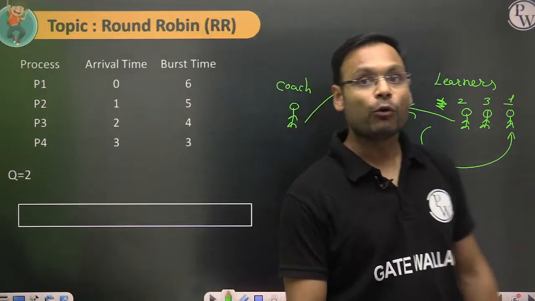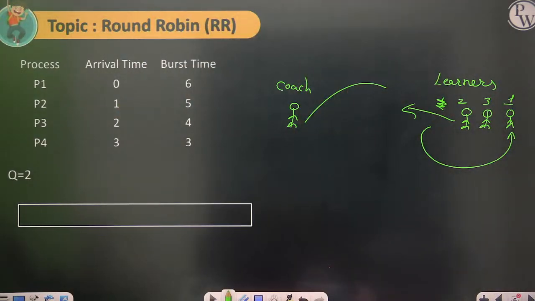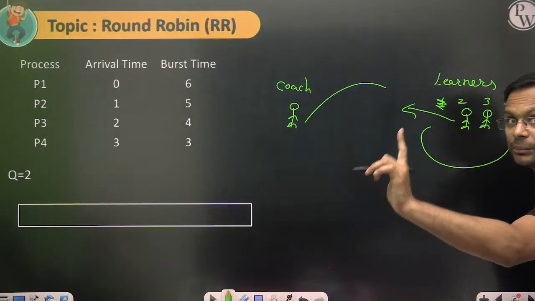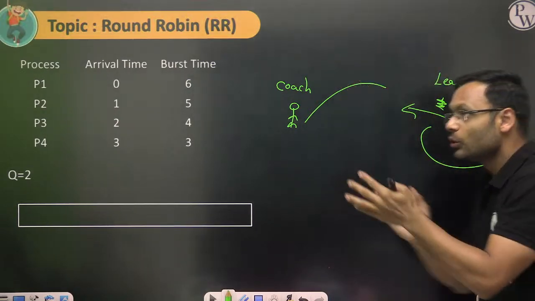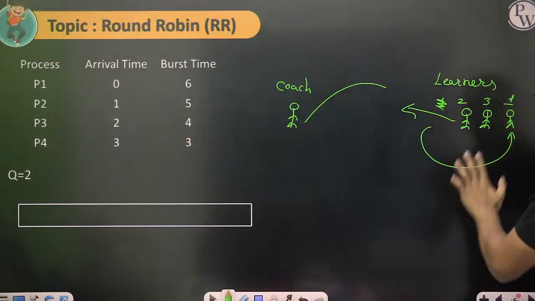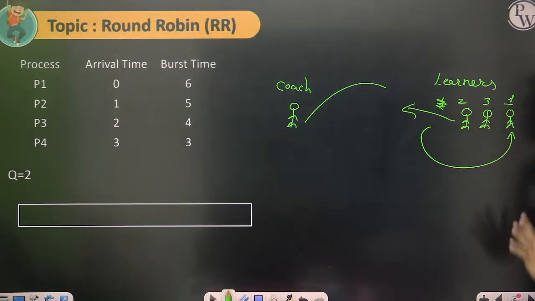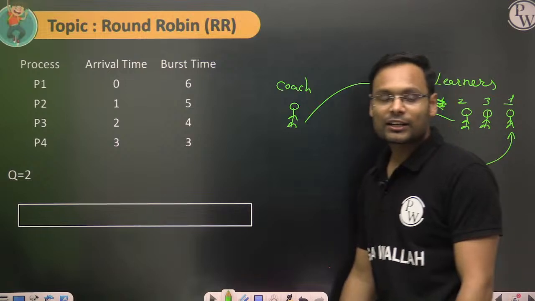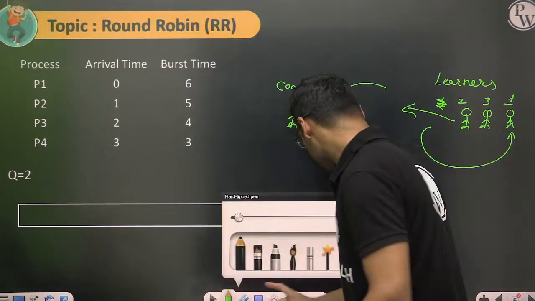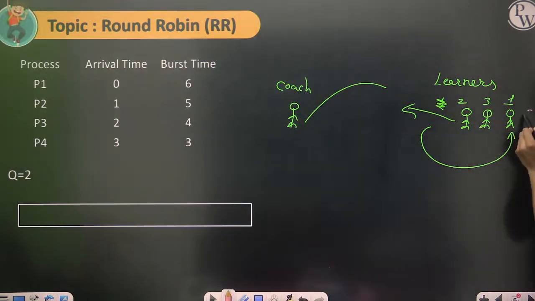If player number 4 comes, where will he stand? You tell me. When player number 2 has gone for catching, player number 3 is next, player number 1 is in the queue at the end. If player number 4 comes, where will that fellow stand? That player number 4 will stand at the end here.